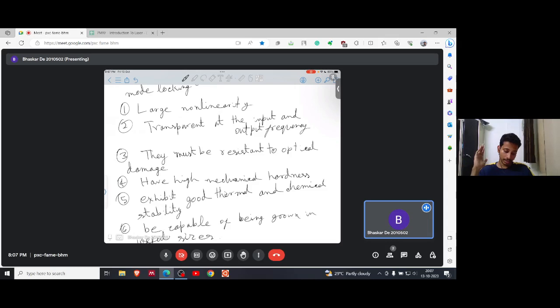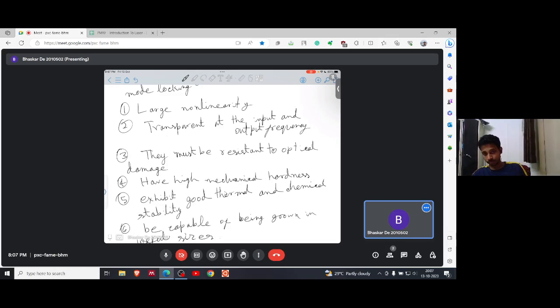Have high mechanical hardness. These criteria are basically for commercial purposes. High mechanical hardness means that this material should be durable, not unusable with a little bit of stress and strain. And this material should exhibit good thermal and chemical stability.